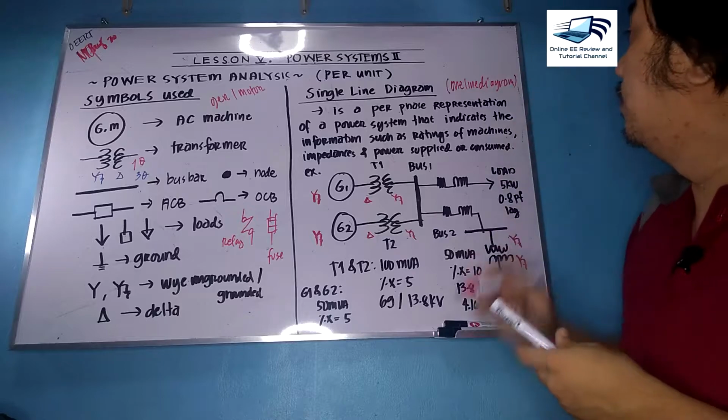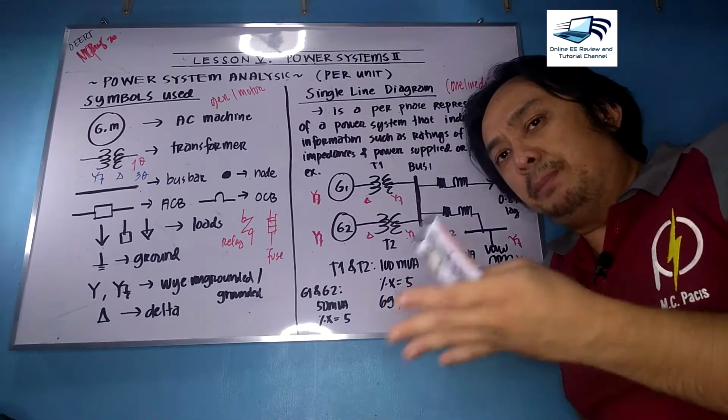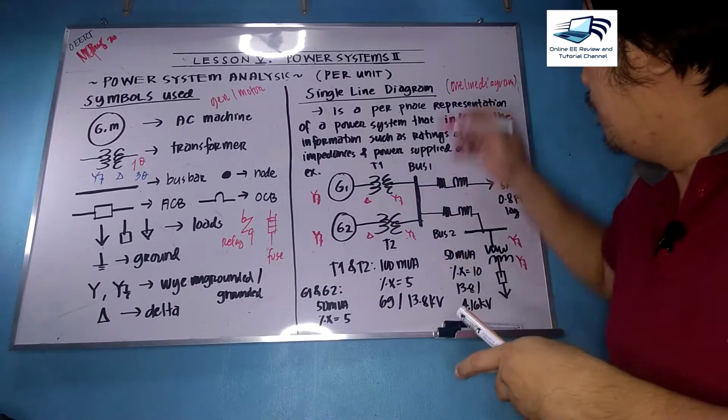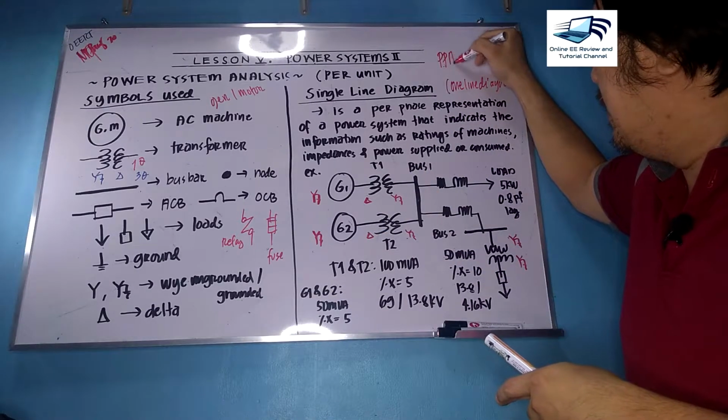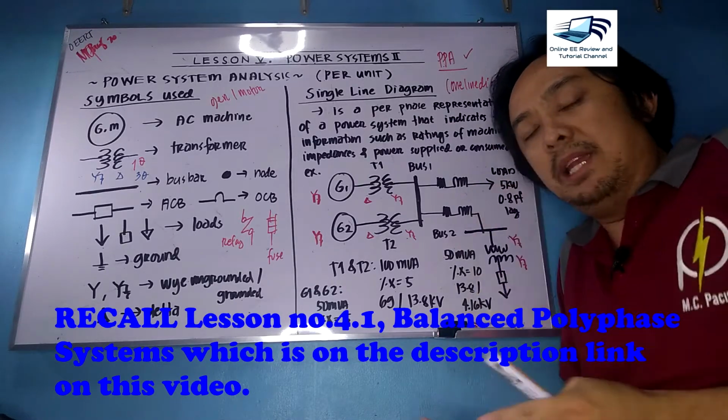One line diagram or a single line diagram is a per phase representation. So when you say per phase representation, you're going back again to lesson number 4 in terms of power systems 1 in terms of balanced polyphase.